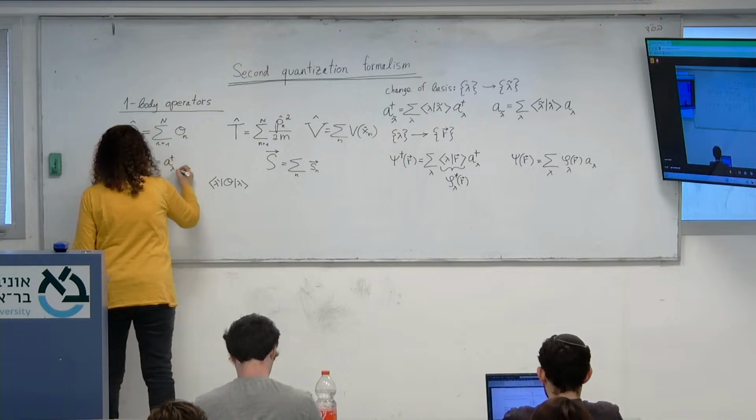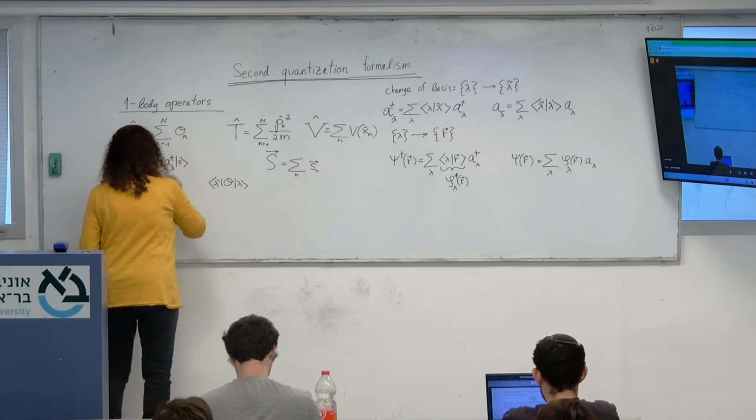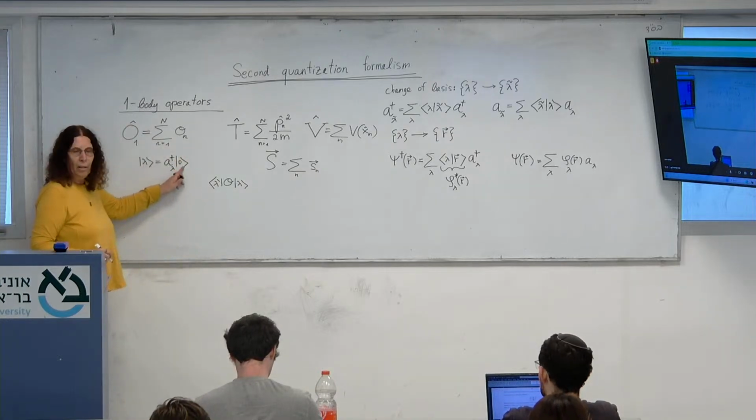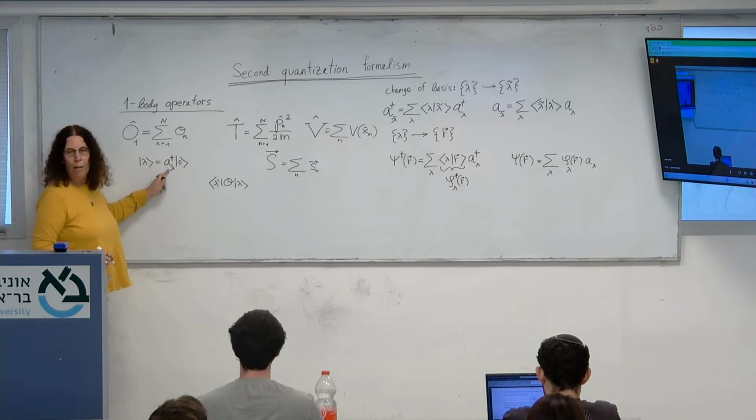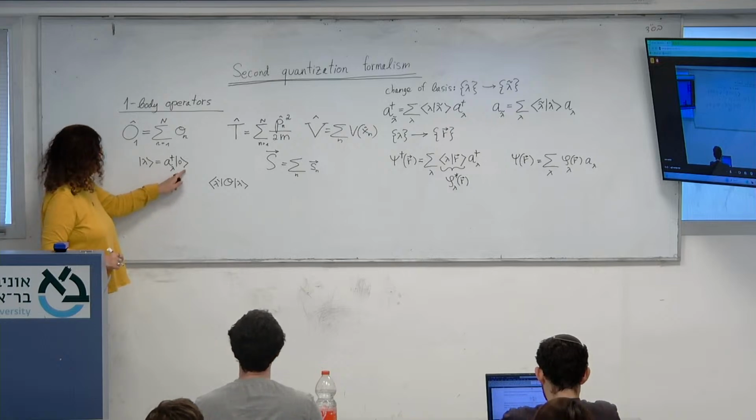So in the second quantization language, they can be created by applying just one creation operator on the vacuum.